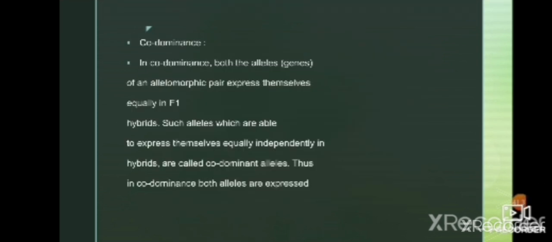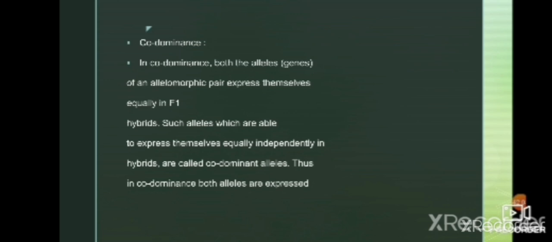Codominance. In codominance, both the alleles or genes of an allelomorphic pair express themselves equally in F1 generation hybrids.